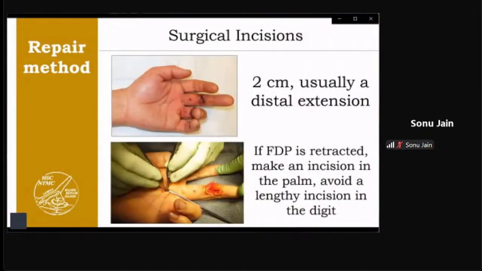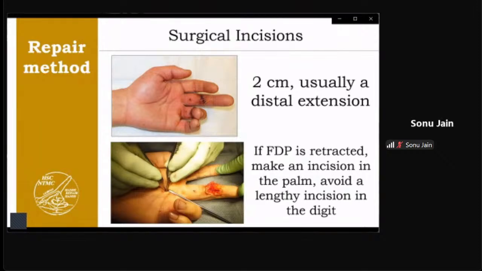In making a surgical incision, the traditional teaching is to use a Bruner incision. However, a short incision about 2 centimeters in length is possible for making a tendon repair, and is also more ideal in terms of decreasing gliding resistance to the flexor tendon after surgery.